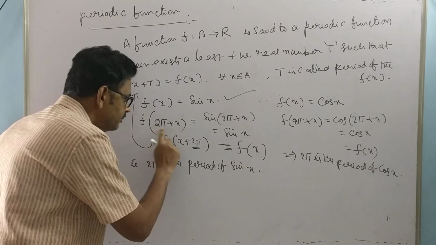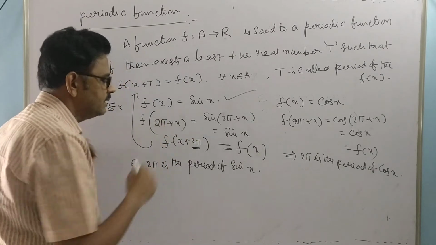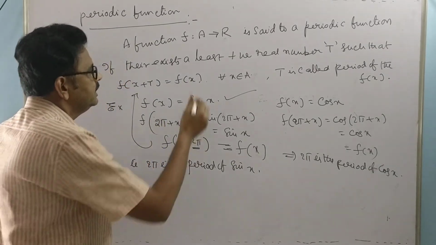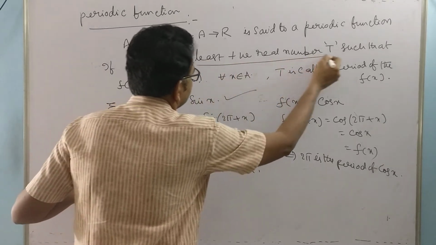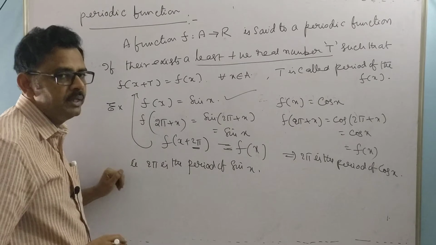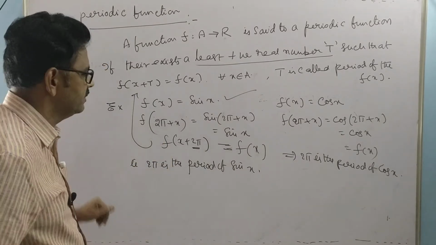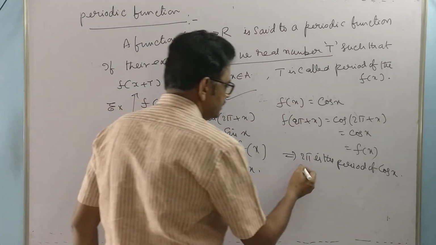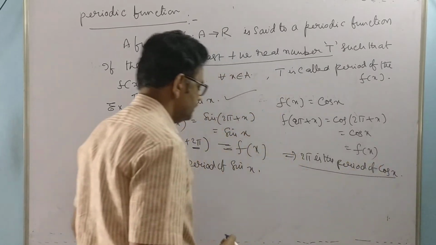The least one, 2 pi, is called the fundamental period. So 2 pi is the period of cos x.